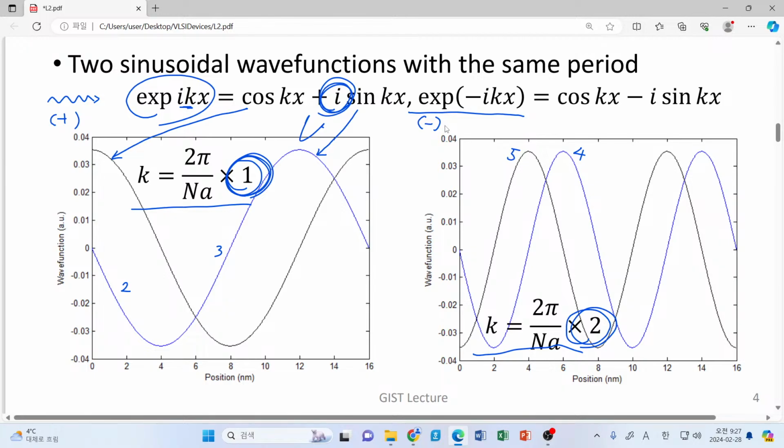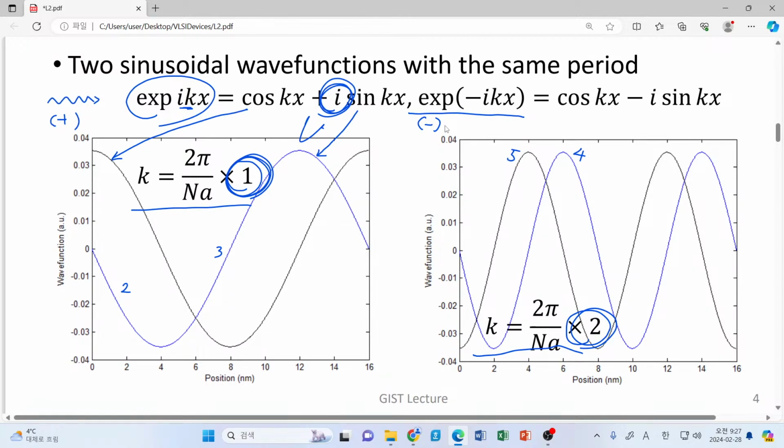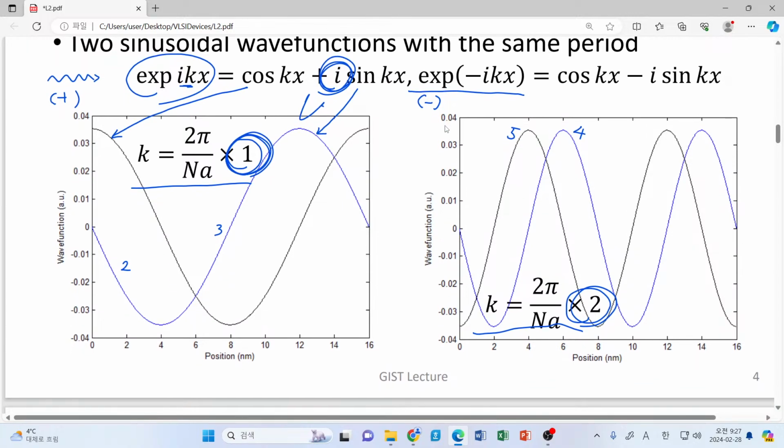You can easily understand that if we increase this integer from 2, 3, 4, 5, there will be more and more ups and downs of our wave function. That is the result for our plane wave, or free electron.